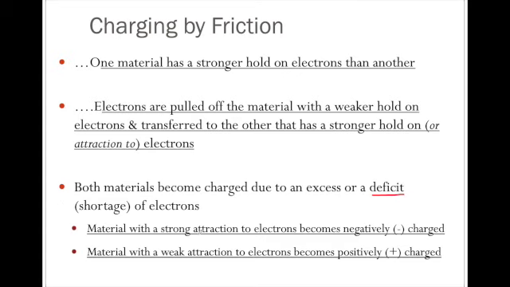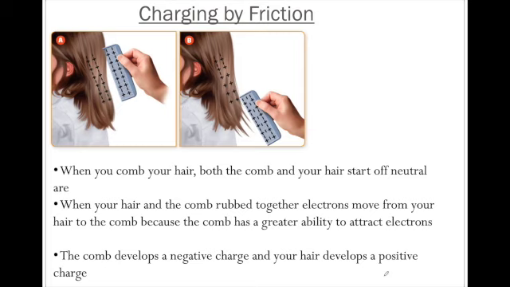So materials with strong attraction, or strong holds, to electrons become negatively charged, right? So a material that wants electrons will become negative. Materials that don't want electrons will become positive, right? It makes sense because electrons are negative.